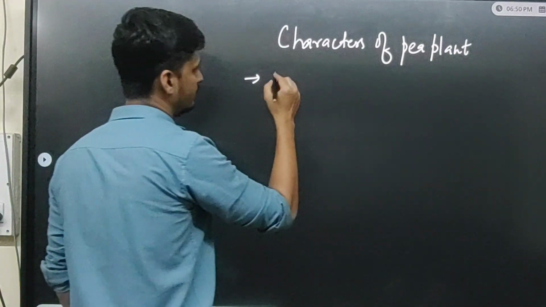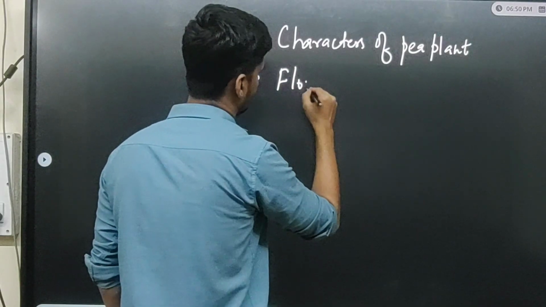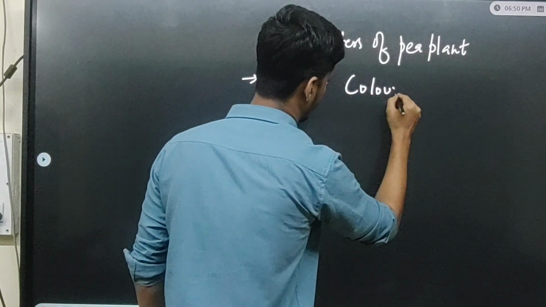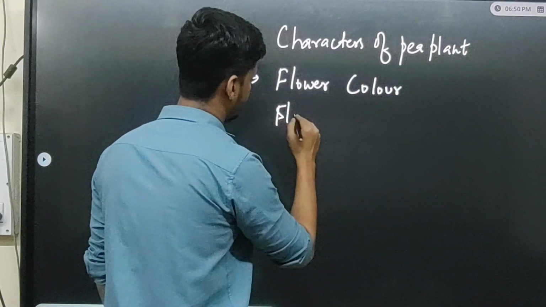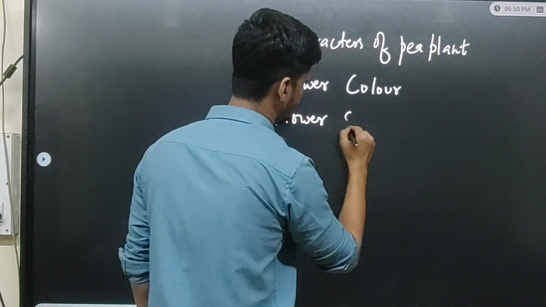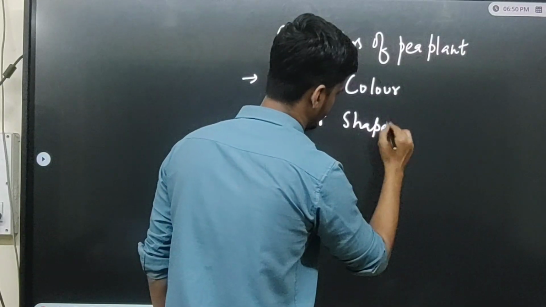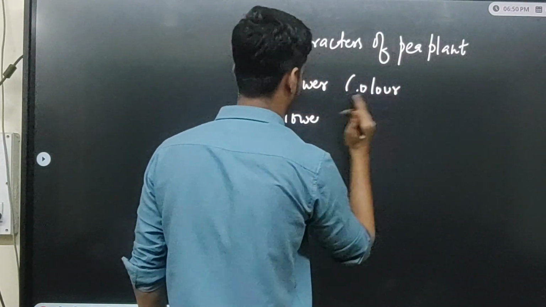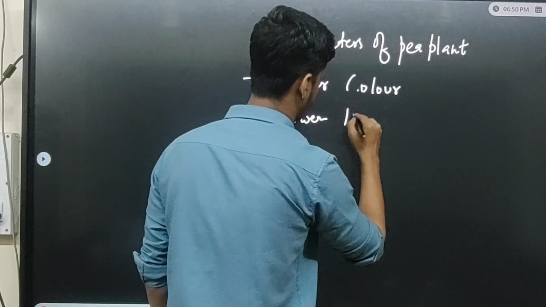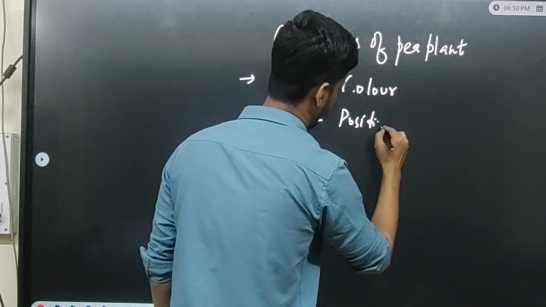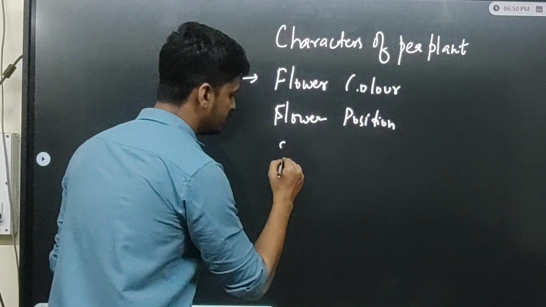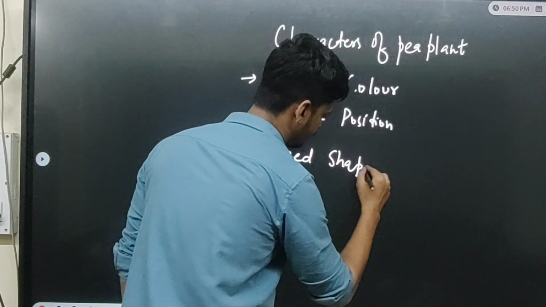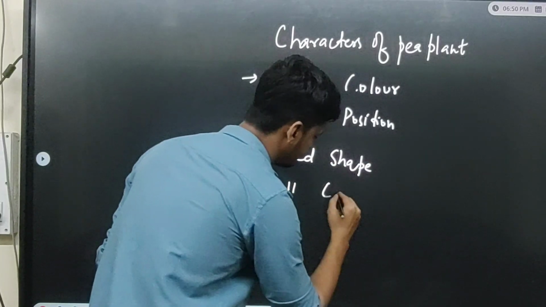The first character is flower color, okay, then flower position, right, seed shape, seed color.